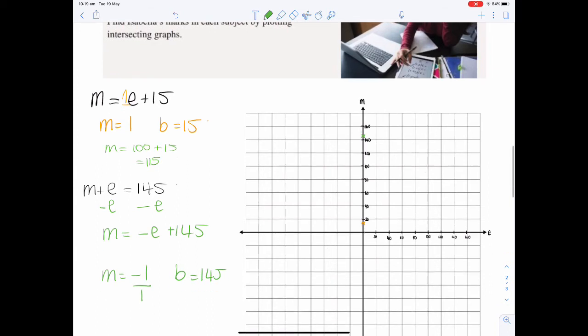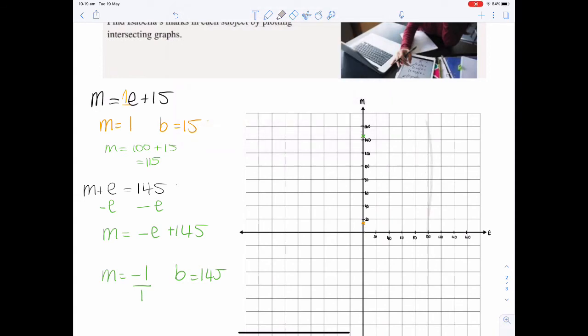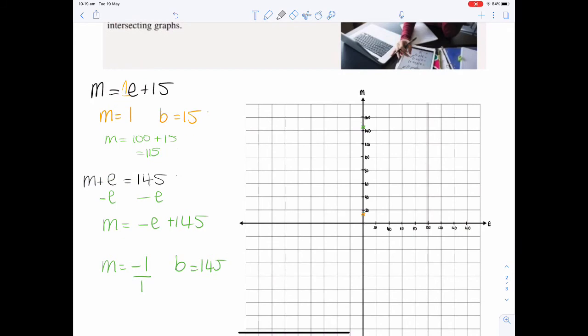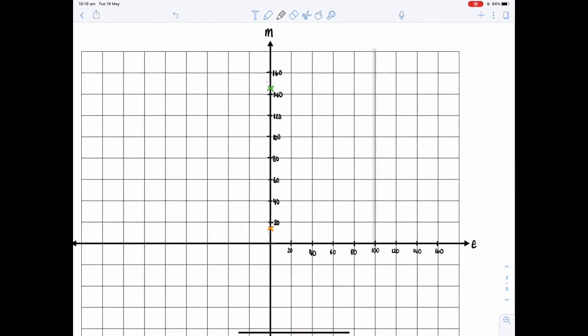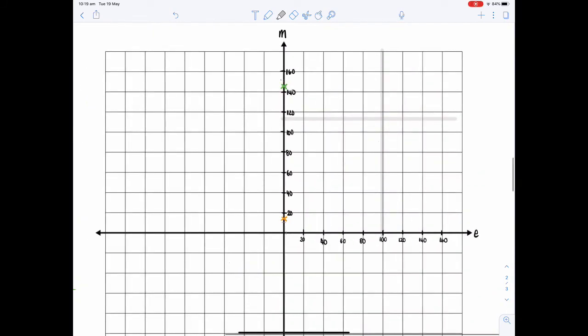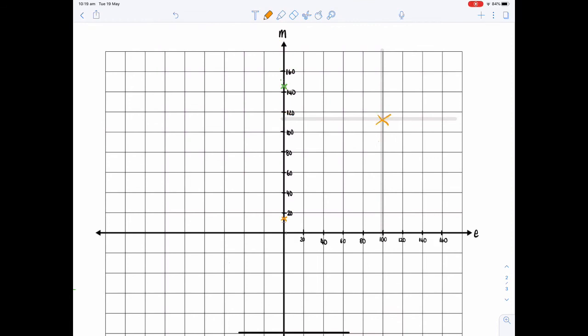So at 100, over here at 100, I'm going to go up, and I want to go to about 115. So 115 is about there, correct? So I'm going to call my second point for the orange there.